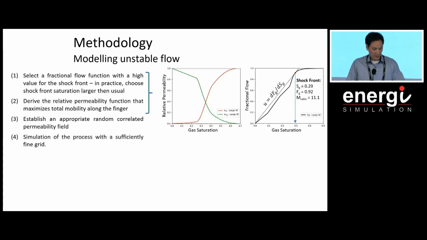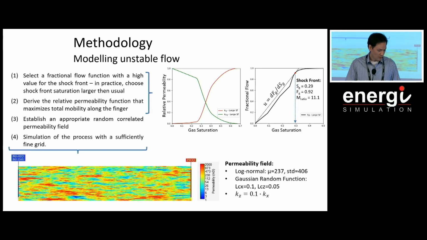The main idea here is to modify the rel perm so as to obtain a high saturation shock front, and also a high mobility in that shock front. So by having a high saturation shock front, you have sharp fingers and also maximize its mobility. And so we can match some of the data obtained by Skauge et al.